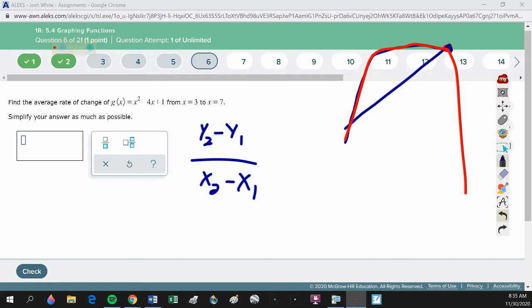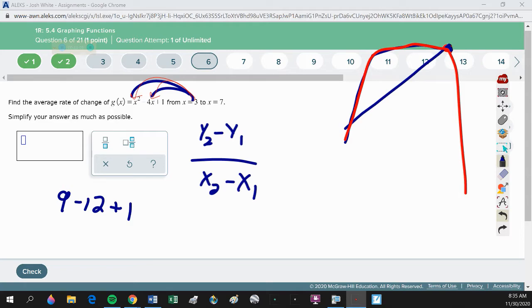So, I need to plug in my x's. So I get 9 minus 12 plus 1. And that would be negative 2. So I'm plugging my 3 in here and in here.